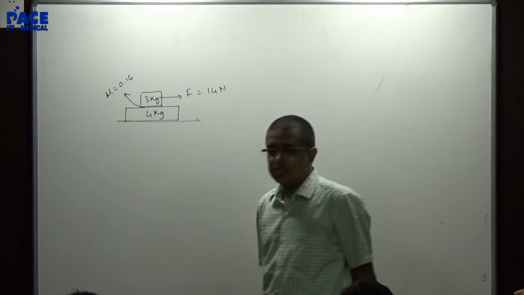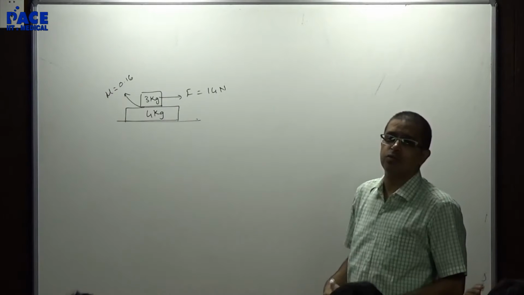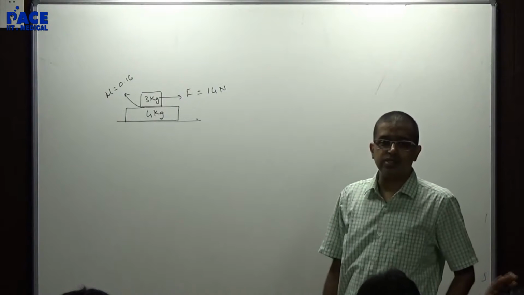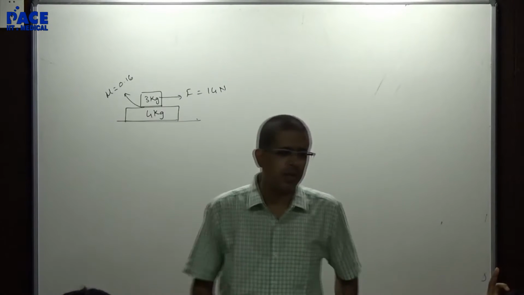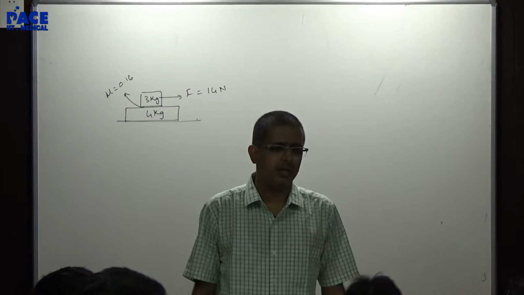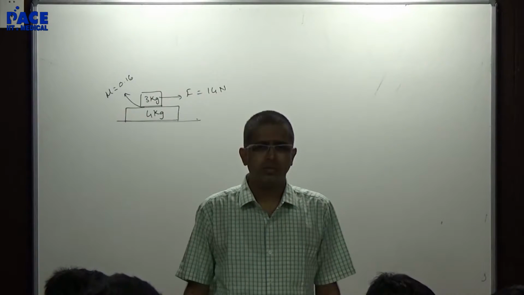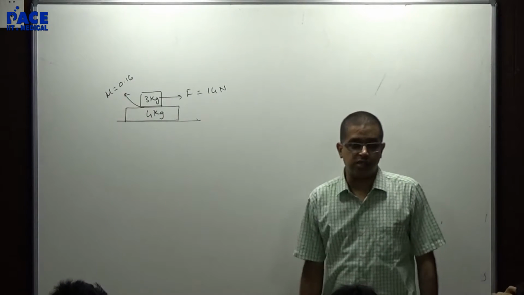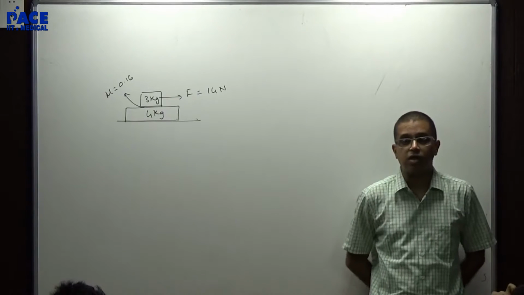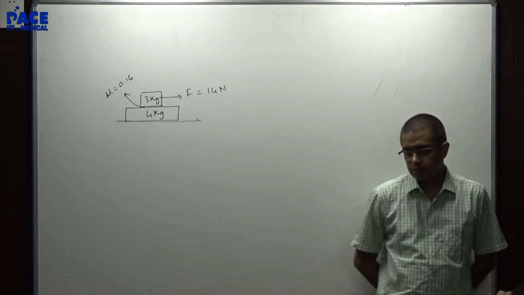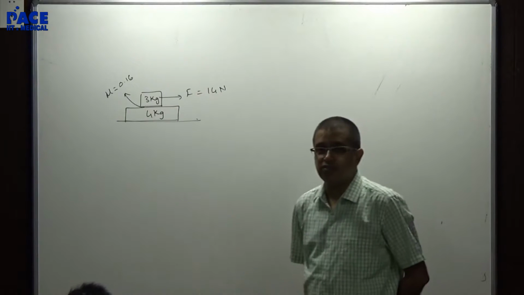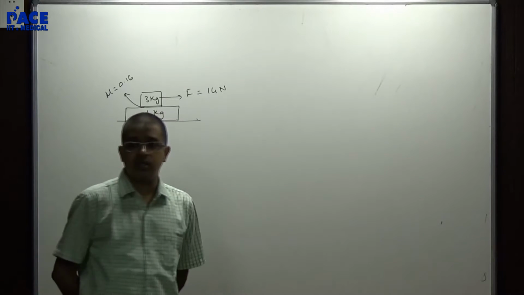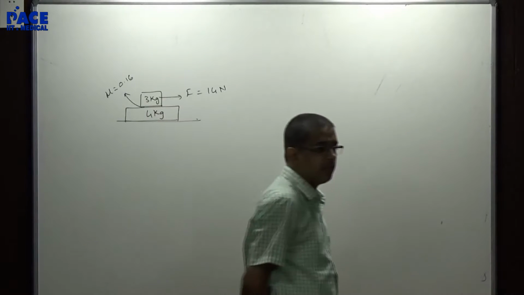In the previous example, work done by friction on the upper block is positive, and on the lower block it is negative. Above all, work is frame dependent. From one frame I can see positive work, from another frame negative work, from another frame zero work.